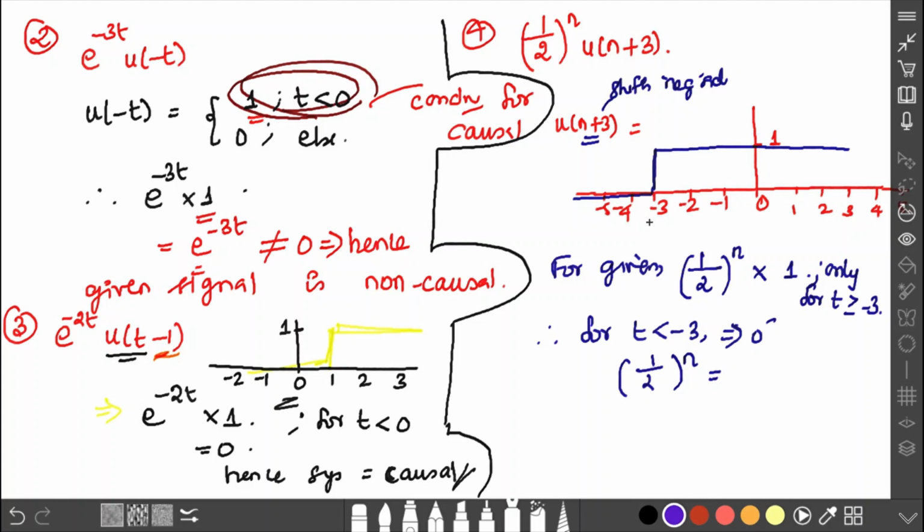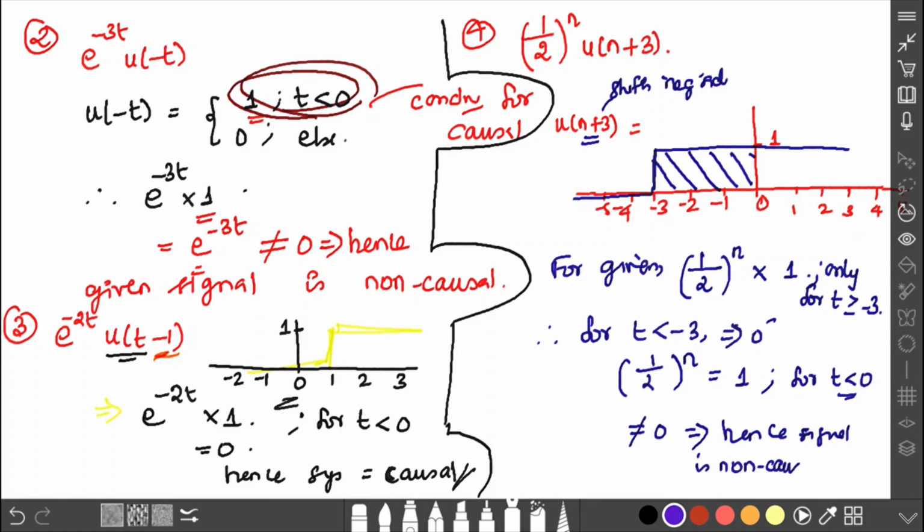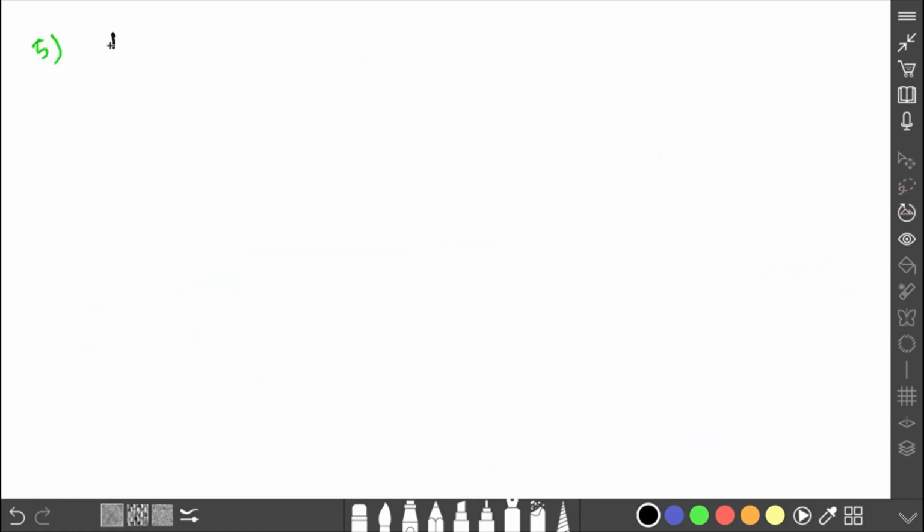So it is not equal to 0 for n less than 0; it has some value till -3. Hence it is not equal to 0, which implies the given signal is a non-causal signal. Hence you can write: hence the signal is non-causal.